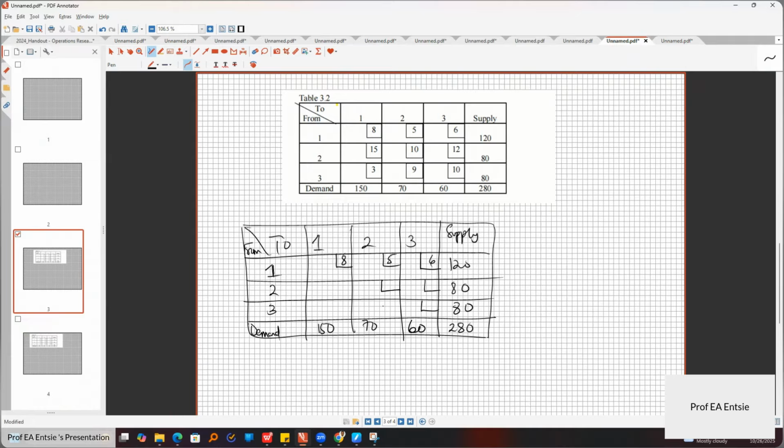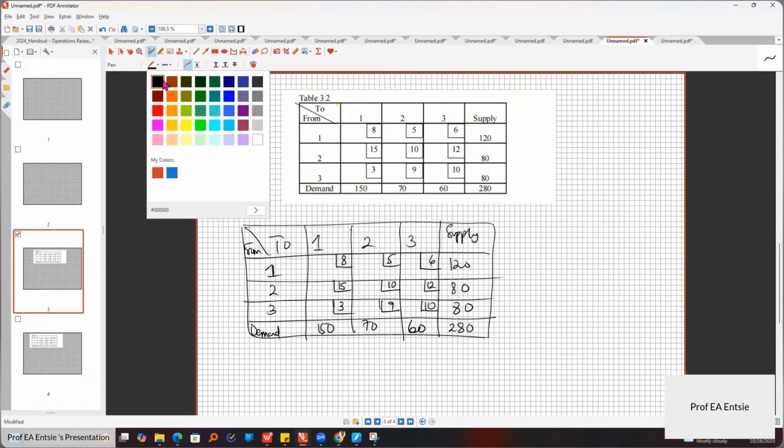These ones are the cost of transporting from a plant to a site. From plant two to site one is $15, here is $10, here is $12. Here is $10, here is $9, here is $3. So pay attention and you are good to go.